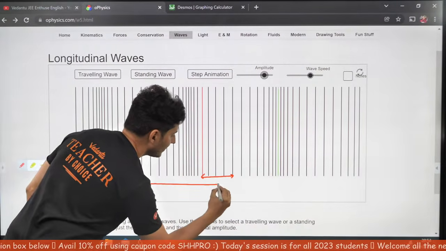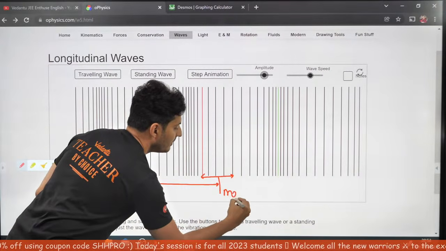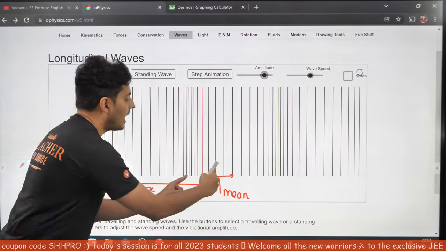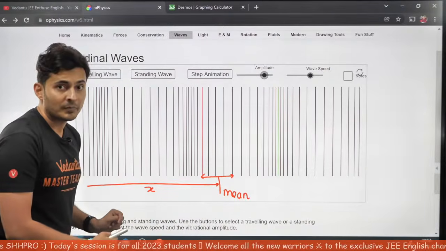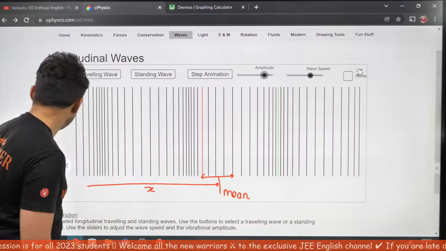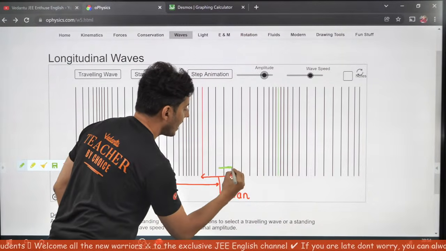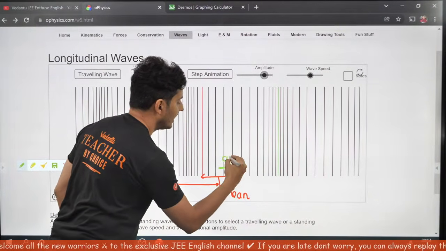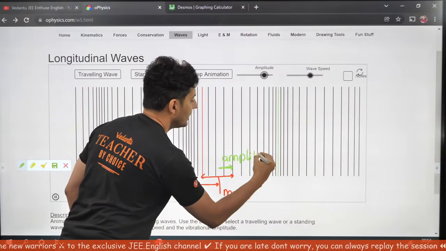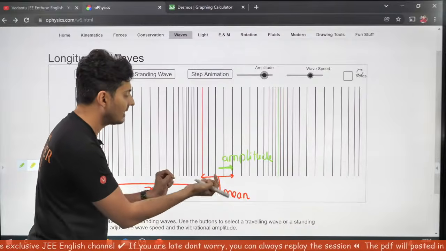Maybe I can say this particle has some x coordinate where the mean position is located, and it oscillates over here. This particle oscillates over here. That means it also has some amplitude right over here. This would be the amplitude. I hope you can see that. This is the amplitude of that particle. Everybody agrees the amplitude will be either this way or that way.